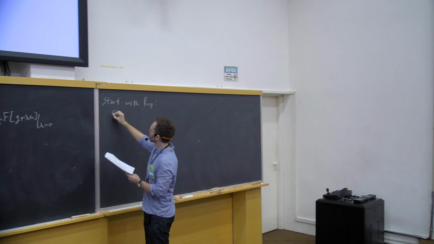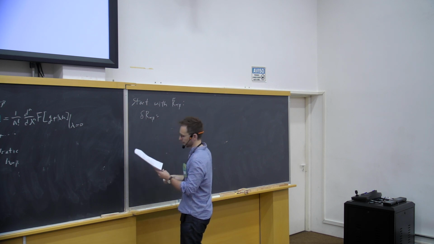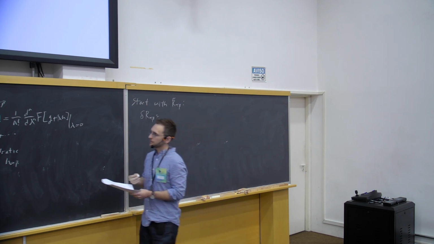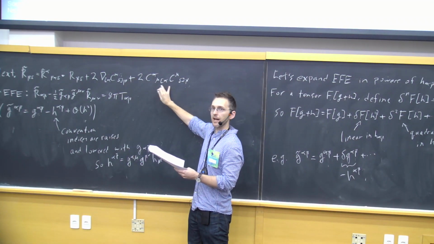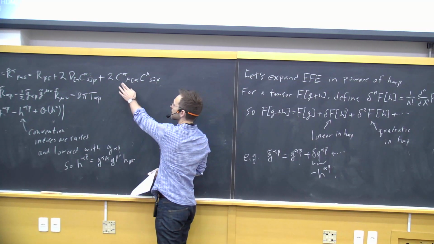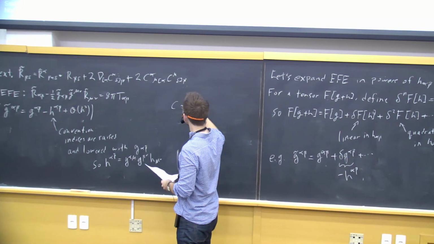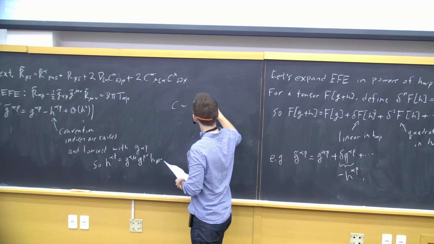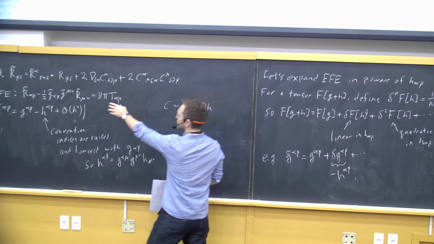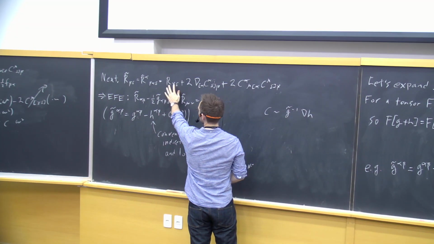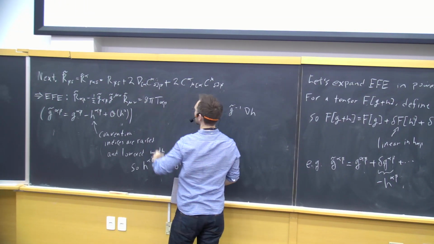So the linear piece of the Ricci tensor, if we look there, this piece is going to be quadratic and higher order in H, because each of those C's had a piece of H in it. So remember, C, the form was like G tilde inverse times gradient of H. So this is going to be at least second order. This is 0th order because it's just a background. So the linearization of our tilde is going to be coming just from this middle term.